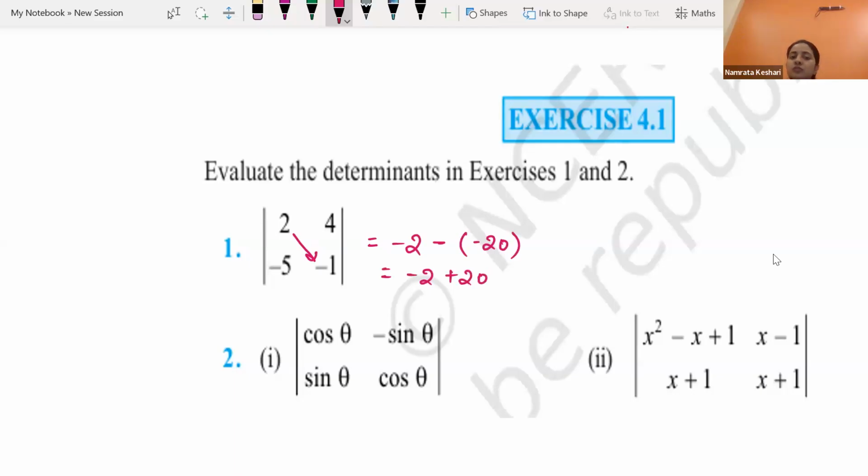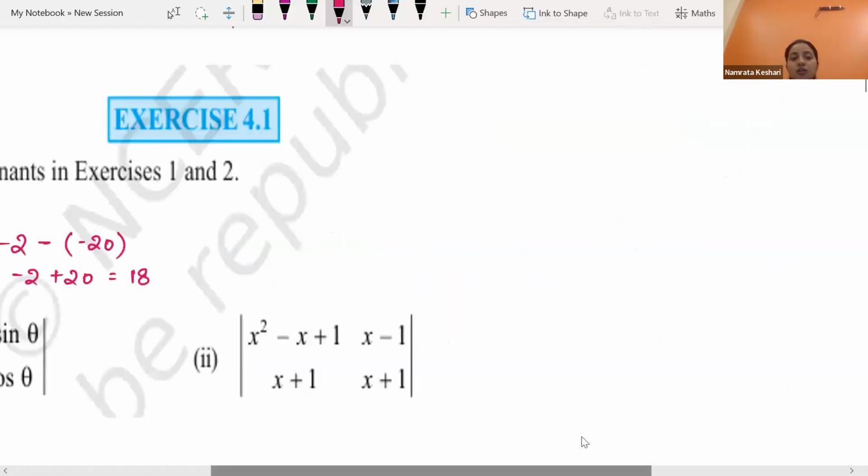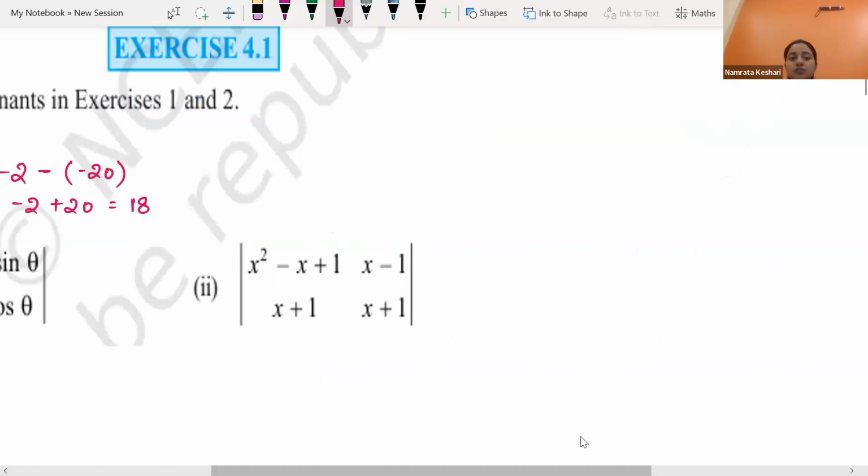No, sorry, it will be 18, right? 18. Yeah. Now the second one, as trigonometry is not much, you can do this one. Let's do it. Please do it and tell me the final answer.